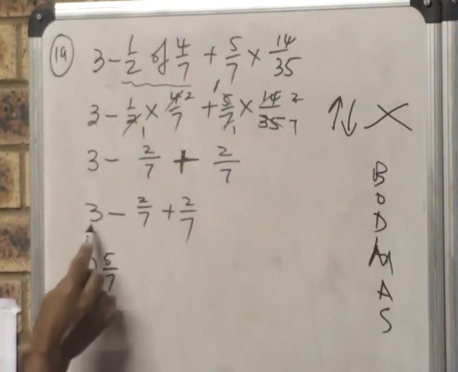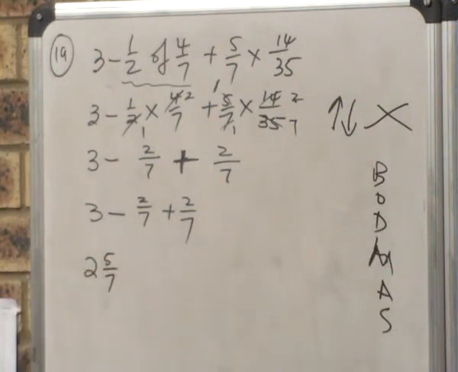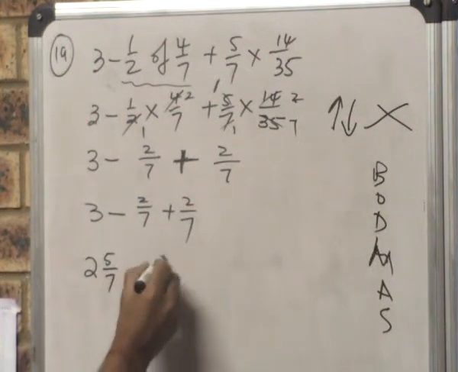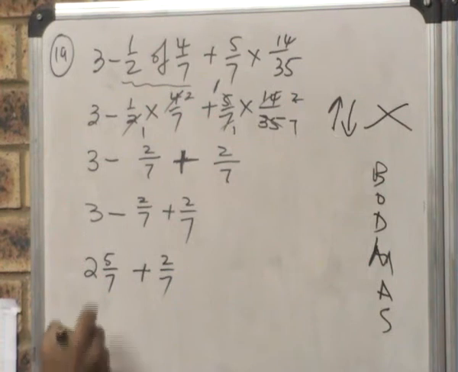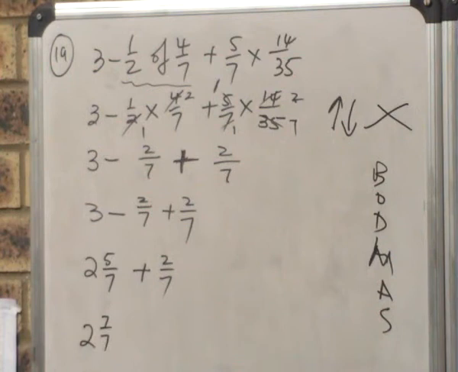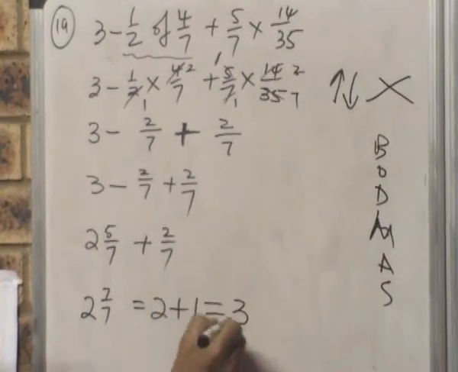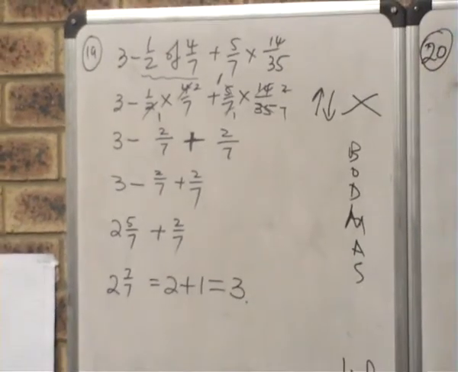Plus that 2 sevenths. Now, this 5 sevenths plus that 2 sevenths will give you 7 over 7. So this is really 2 plus 1. The final answer is 3.